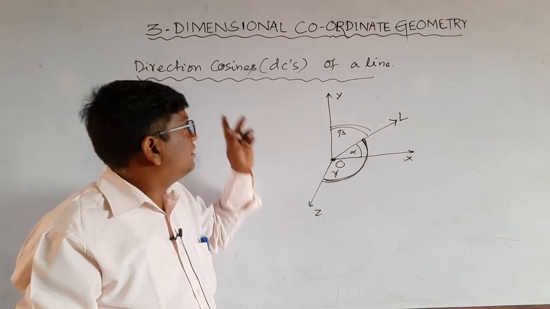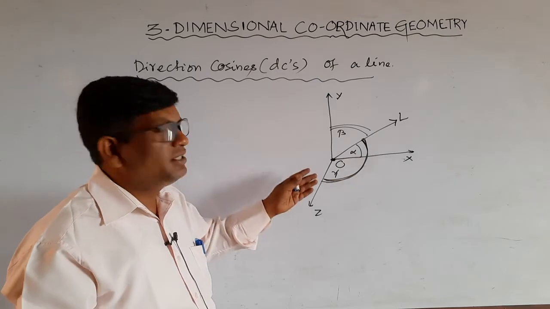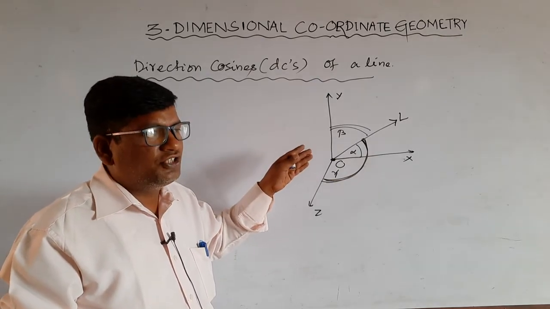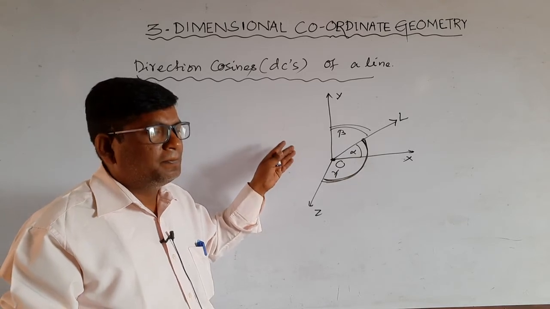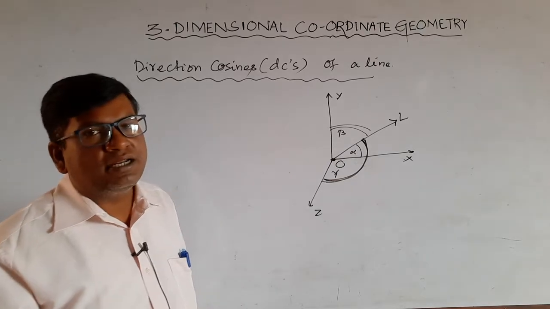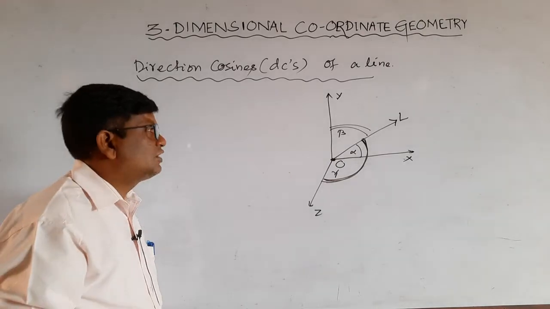So direction cosines means the cosines of the angles made by the line with the coordinate axes.